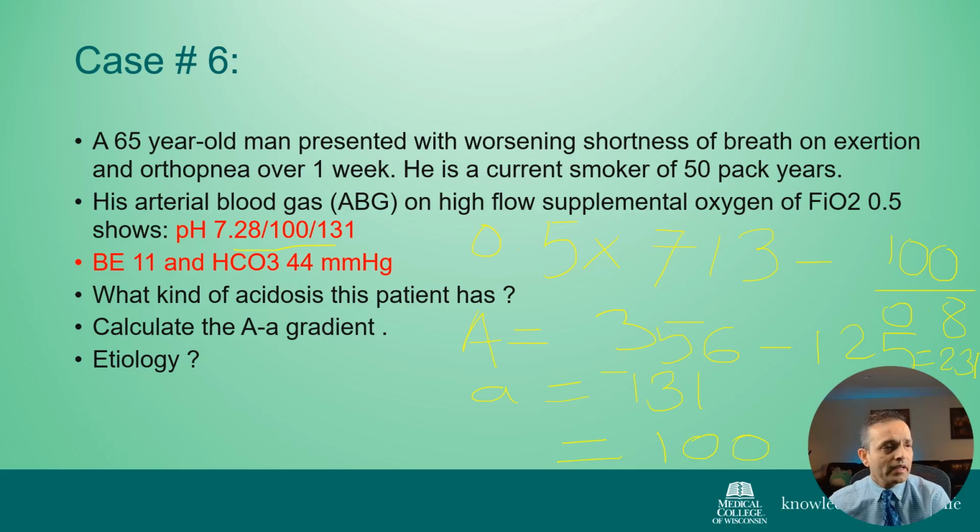So whenever the A gradient is elevated, you need to think about, so this is alveoli, let's say. So there is something wrong on the alveolar side, like pneumonia, let's say. Either they have pneumonia or there is something wrong in the respiratory membrane here, or there is something wrong on the blood vessel side, could be a blood clot or whatever. So this patient has a high A gradient.